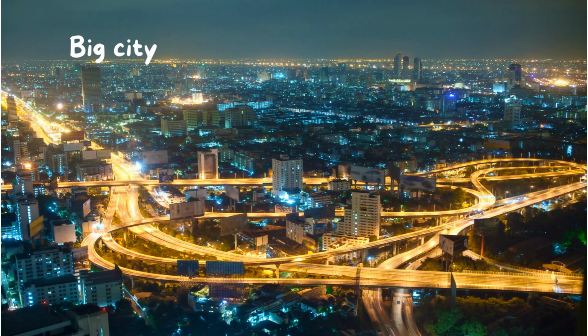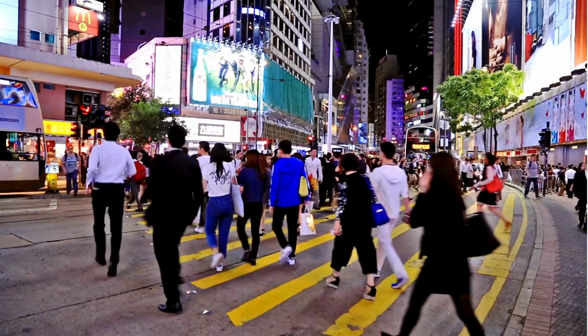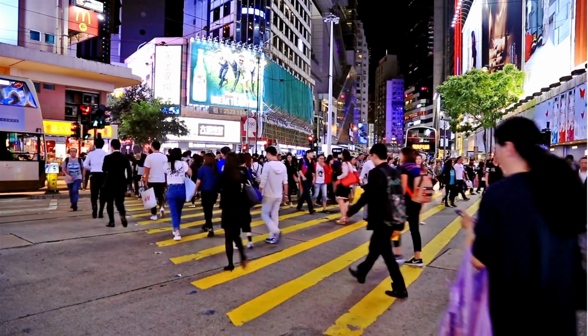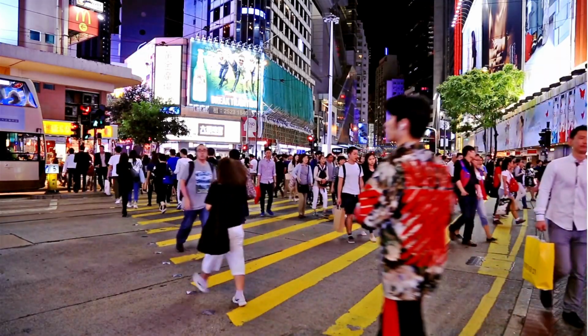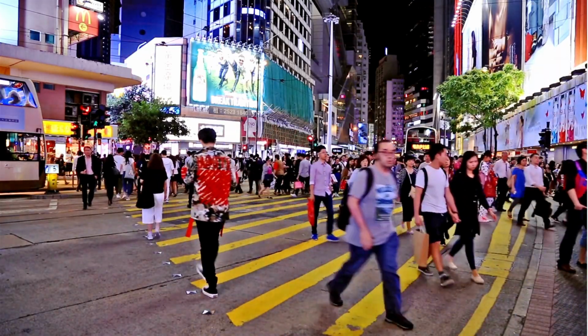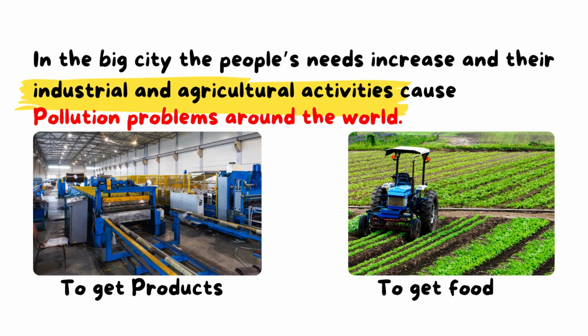as in the big city it has a large population of people. A lot of people live in a big city, so their needs increase, as their industrial and agricultural activities cause pollution problems around the world. Industrial activities means what, you know?